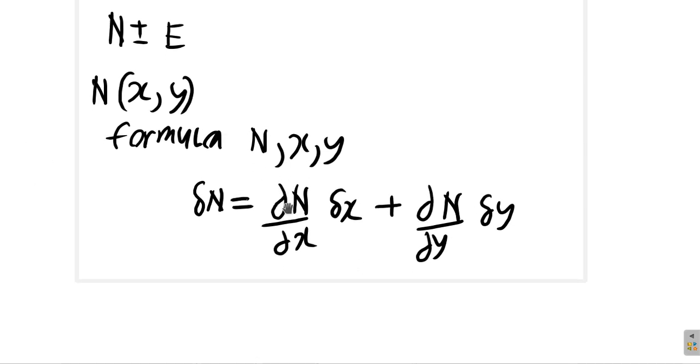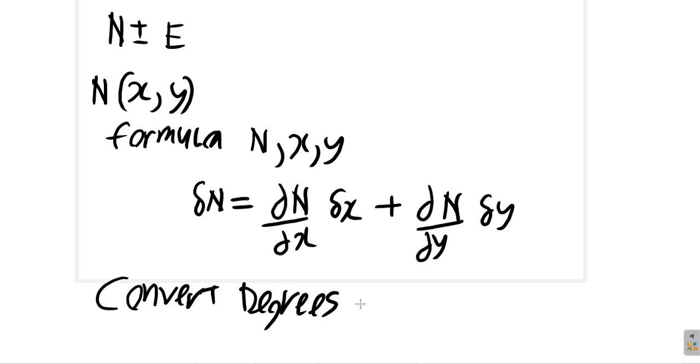Now, you have various units of measurement: mass, length, time, volume, current, ohms. But if the question involves angles and you're given degrees, you must convert degrees to radians.